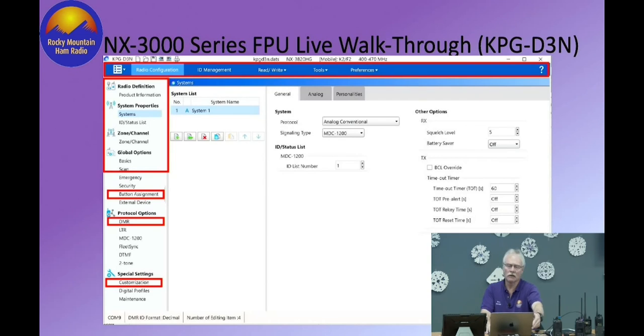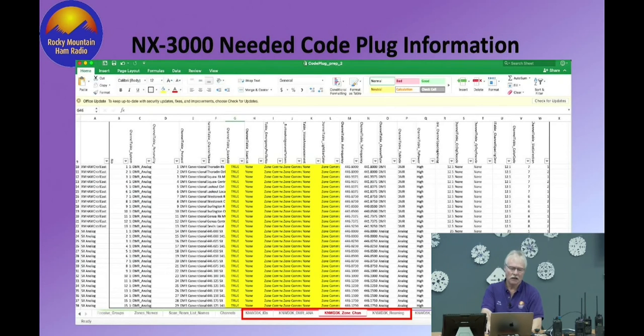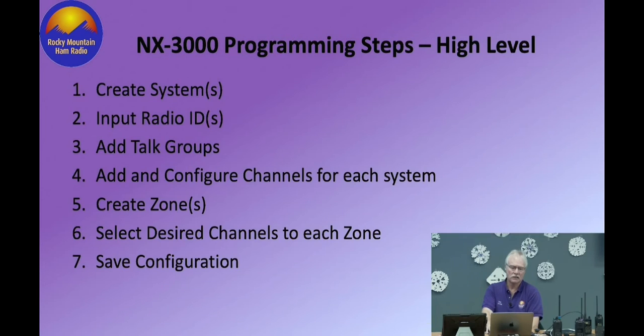I was going to build the whole code plug, every little step as we go through. But as you can see with live mode, sometimes things don't work. But I have included extensive slides. We've reviewed my information in Excel for the templates. It also has some of the stuff for the 5000s that we'll go through next. These were the high level.